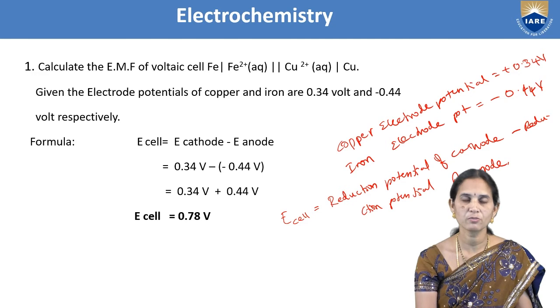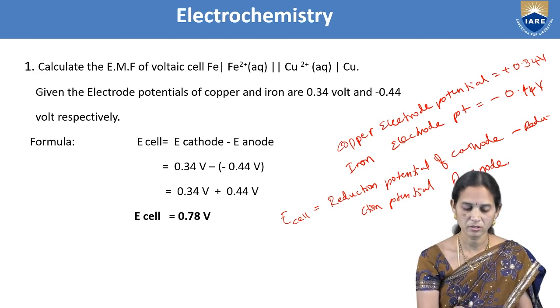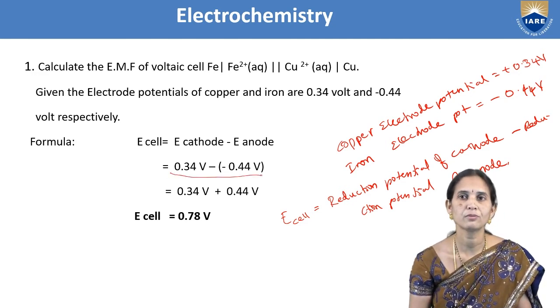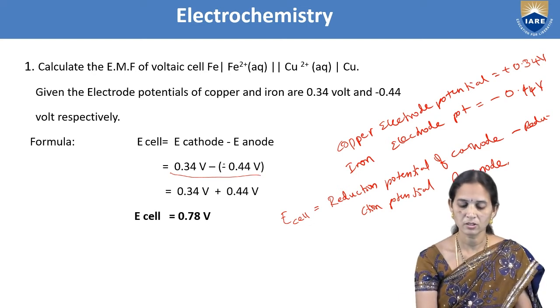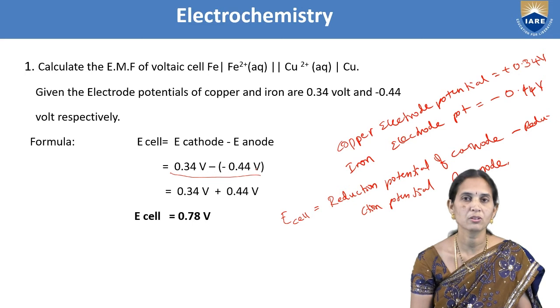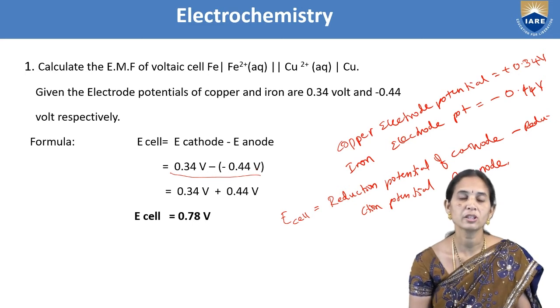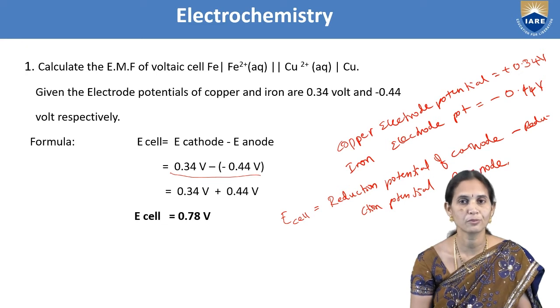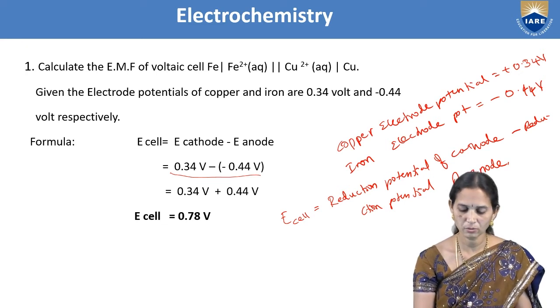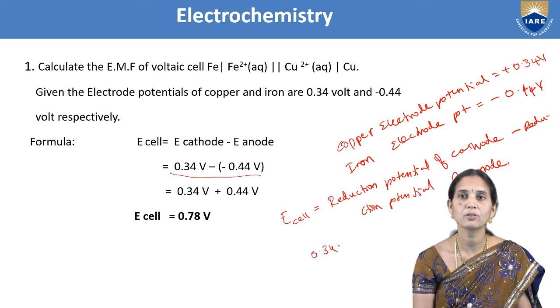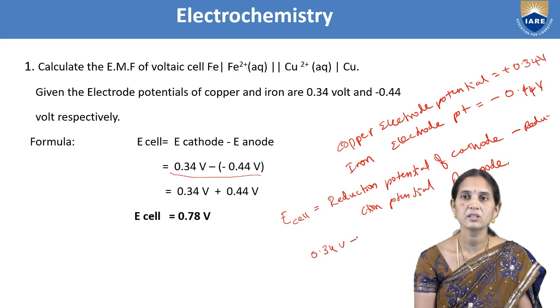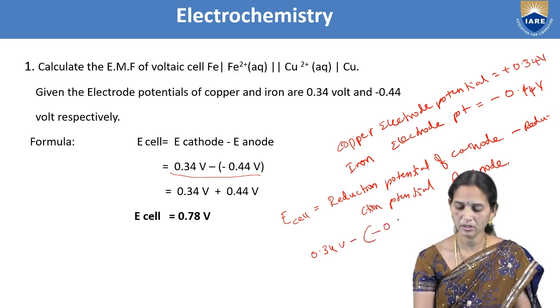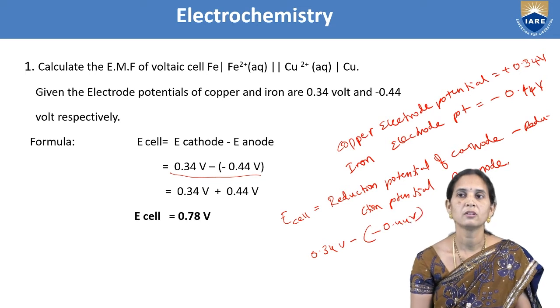So we apply the values in this formula: 0.34 volt, that is the E cathode value, minus, we have to write in the bracket, because the anode value given here, that is the iron electrode potential, is minus 0.44 volt. So we write 0.34 volt minus, in the bracket, minus 0.44 volt.